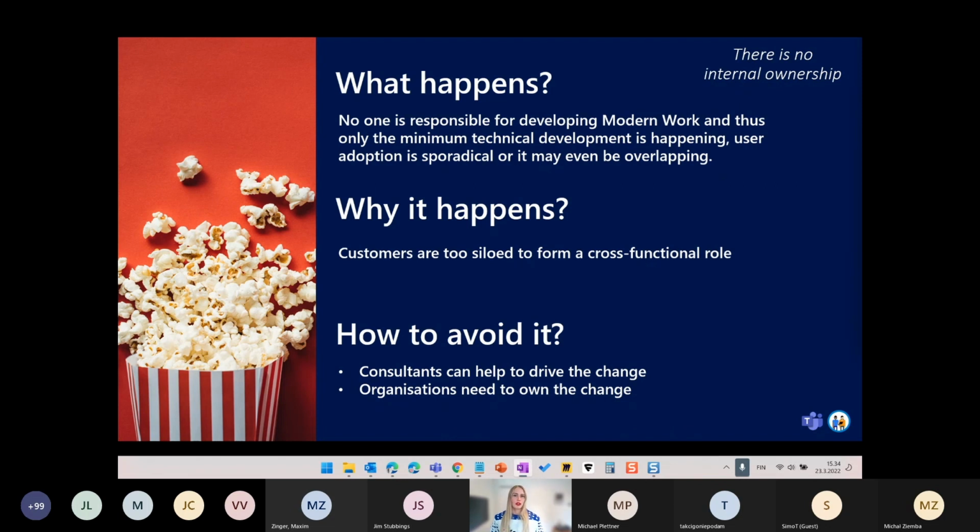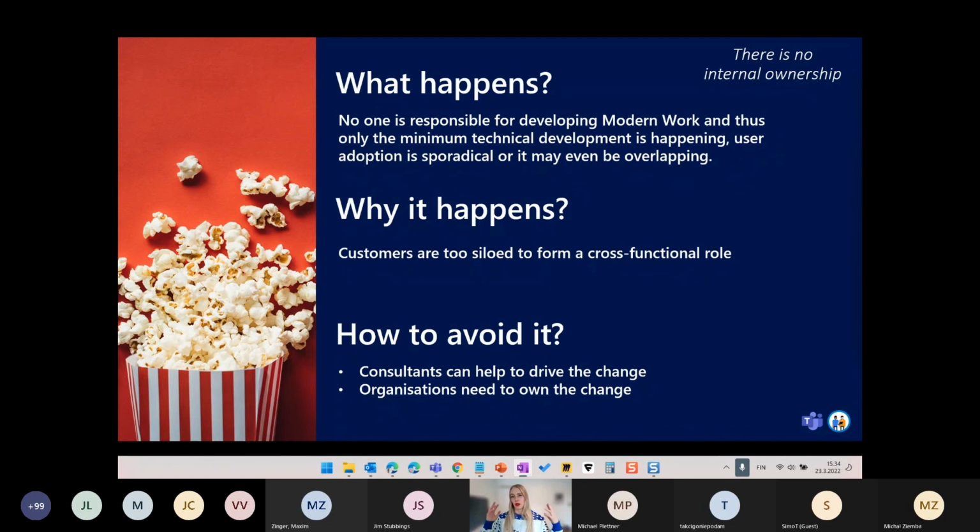So if you are ever in a situation where the customer wants to buy a user adoption project, or wants to develop their modern work, and they have no responsible person inside their organization to drive the change through, to drive the project, you should be warned.